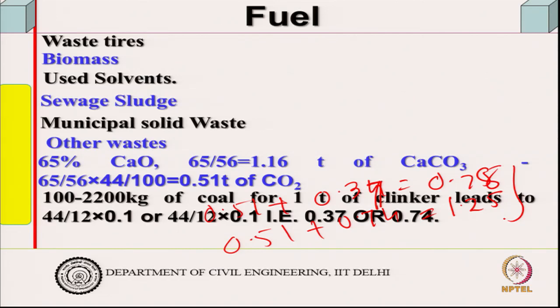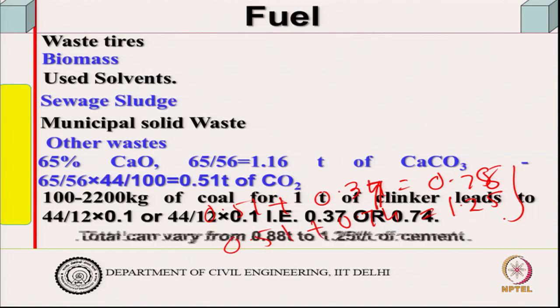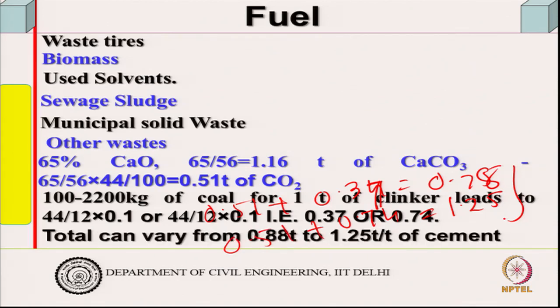To absorb this carbon dioxide, you need more plants, and this is a contribution to carbon land and ecological footprint. So, that is why people are so much bothered about the carbon issue in cement, other than of course fossil fuel.